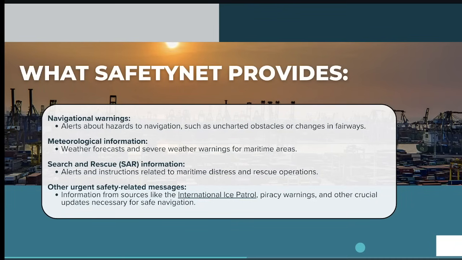So next is this one. What does the SafetyNET provide? The SafetyNET also provides some navigational warnings, for example, alerts about hazards to navigation, such as uncharted obstacles or changed fairways.